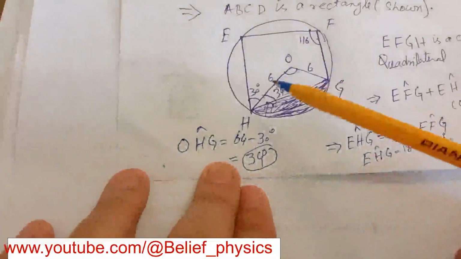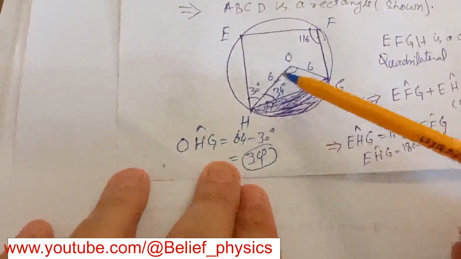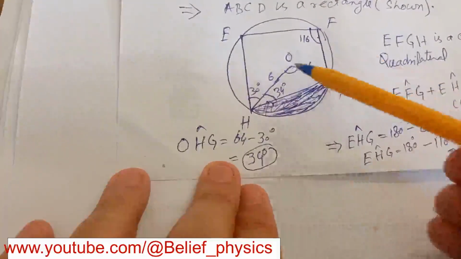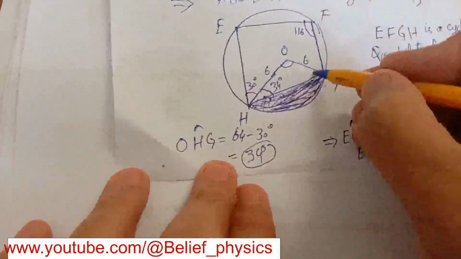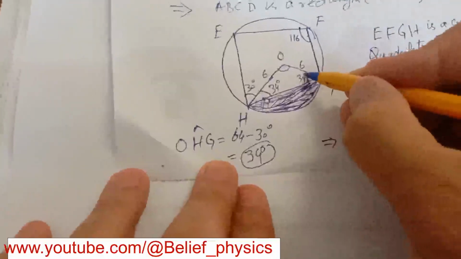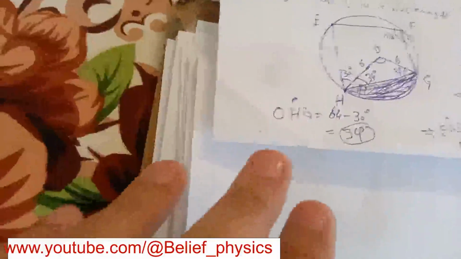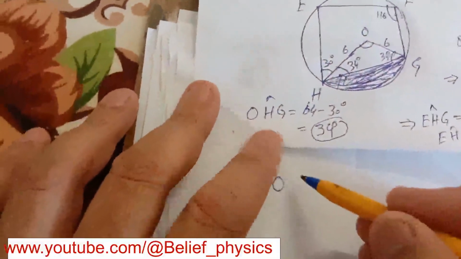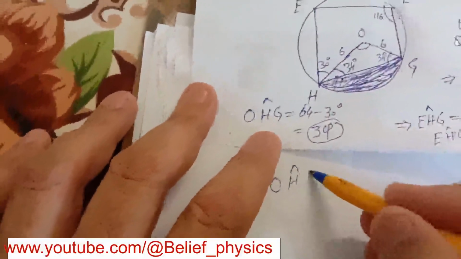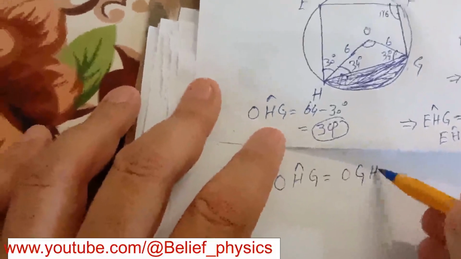Now this is an isosceles triangle, because this is 6, this is also 6, because both are radii. It means both sides are equal, so this also should be equal to 34. Okay, so next I will write that OHG is equal to OGH.